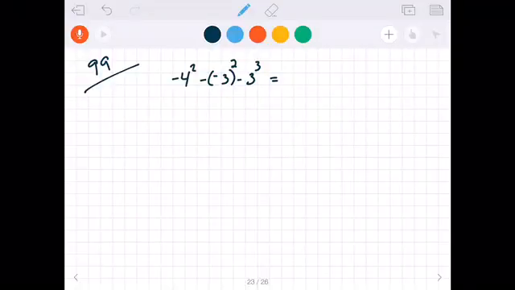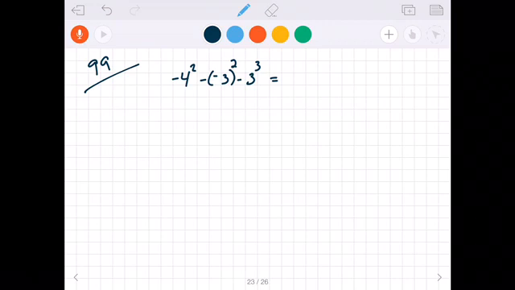It's about exponents and signed numbers. I know we've already done some of these, but they're just going to get trickier and trickier as you go, so you've got to pay attention to parentheses. So, this is how you should be reading these problems. The opposite of 4 squared minus negative 3 squared minus 3 to the third power.